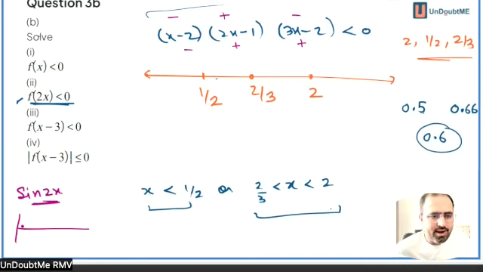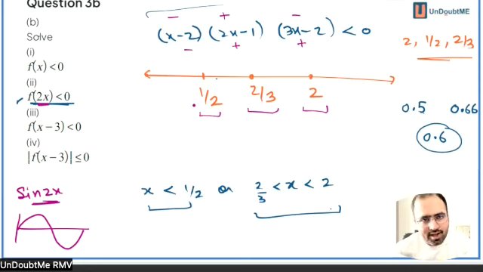The complete cycle of original sine was between 0 to 2 pi, but for sine of 2x, the complete cycle will be between 0 to pi. It means that whenever we have f of 2x, I'm talking about the roots, all the roots will be divided by 2. So there will be no further change in the overall analysis.